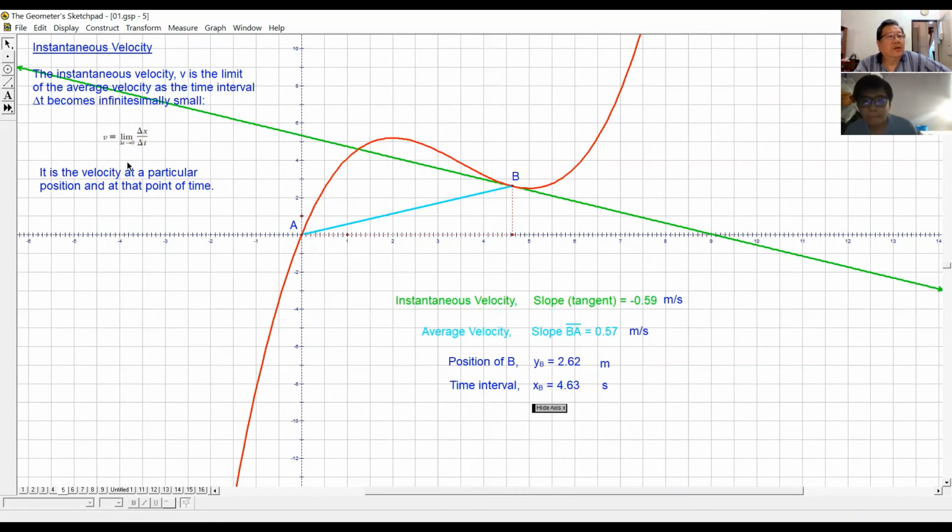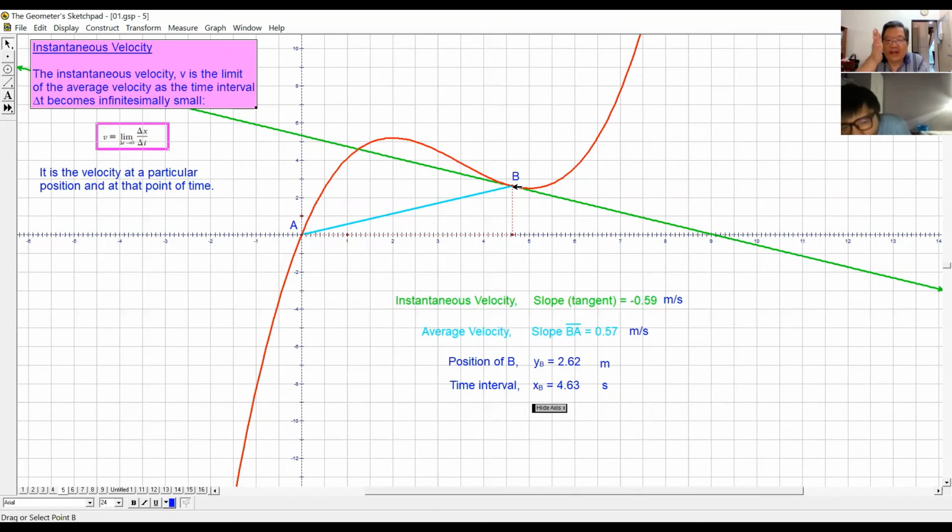Okay, so let's read this one. The instantaneous velocity v is the limit of the average velocity as the time interval delta t becomes infinitesimally small. That means delta t approaches zero. Delta t approaching zero means not over a time interval, but at that particular time.